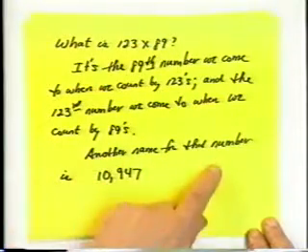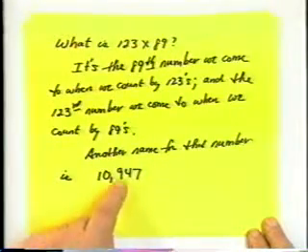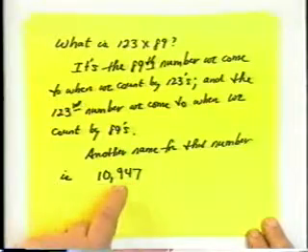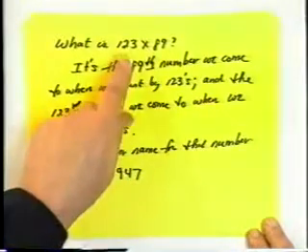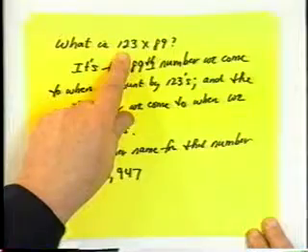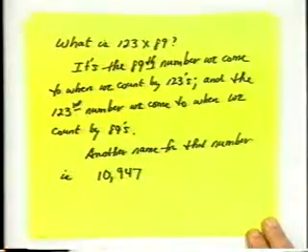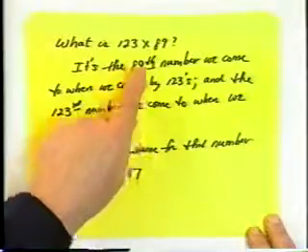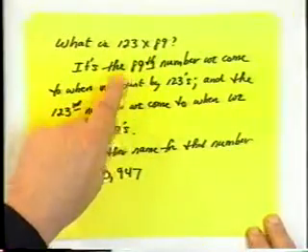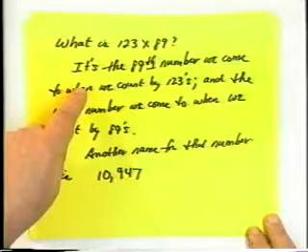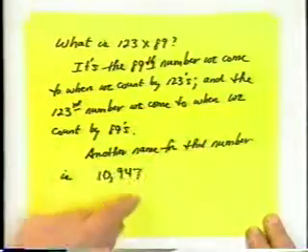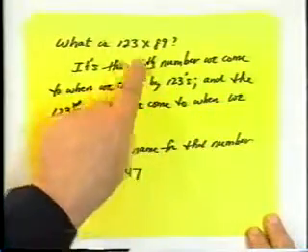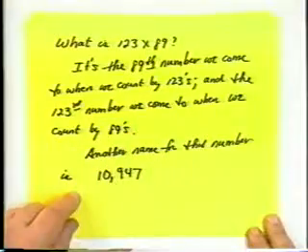Another name for this number is 10,947, and that would be the common denominator in a problem where one denominator was 123 and the other denominator was 89. It would take a long time to find a common denominator for 89 and 123 just by listing the multiples of 89 and listing the multiples of 123. But you see, this tells you exactly what is meant.